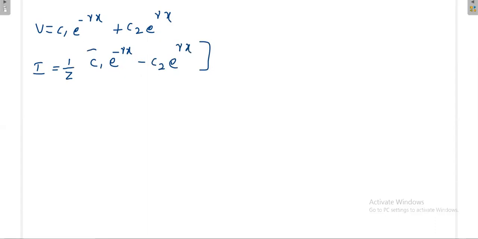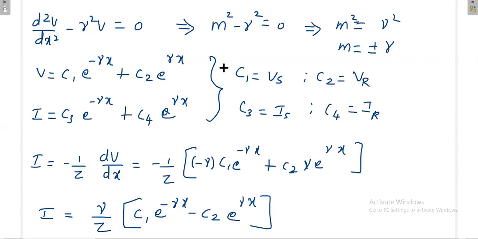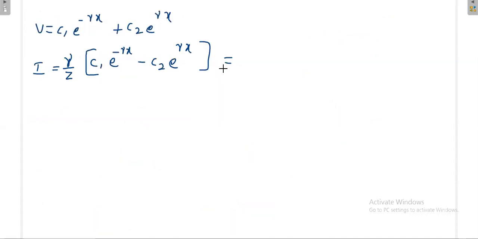I think we have made a mistake here. That is gamma divided by Z. But this gamma divided by Z can be replaced by 1 by Z naught. I will tell you how it is possible.